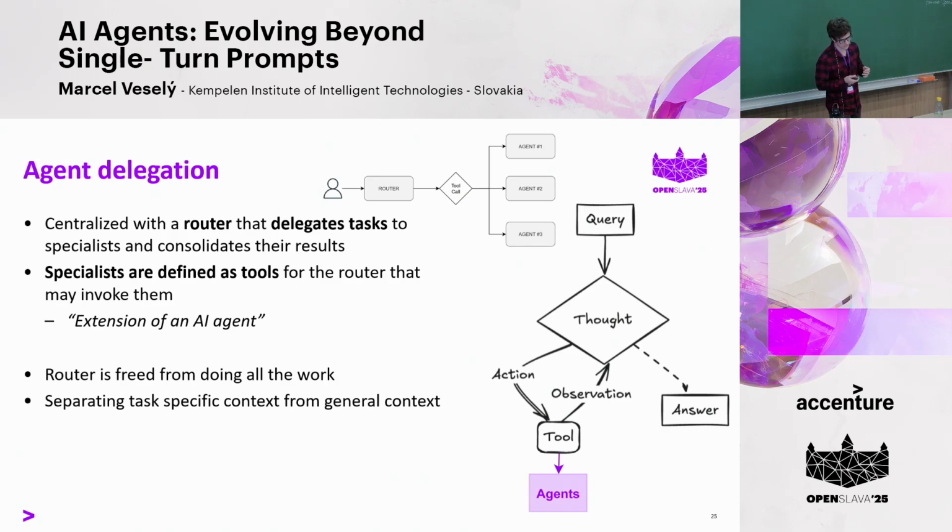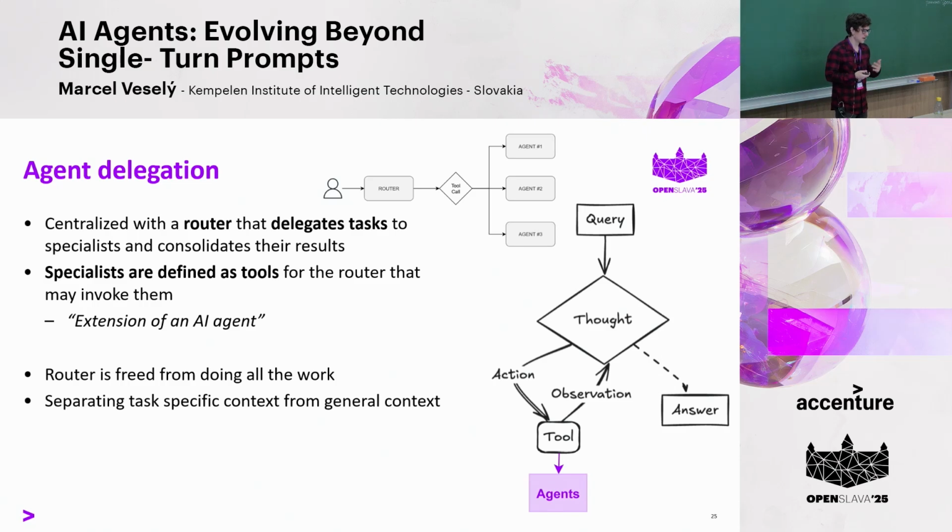Because for instance, when we do a specific subtask that a specialist is responsible for, we usually don't need all those messages that a specific subagent works with and creates with other services or tools to be flooded back to the main router, main agent.